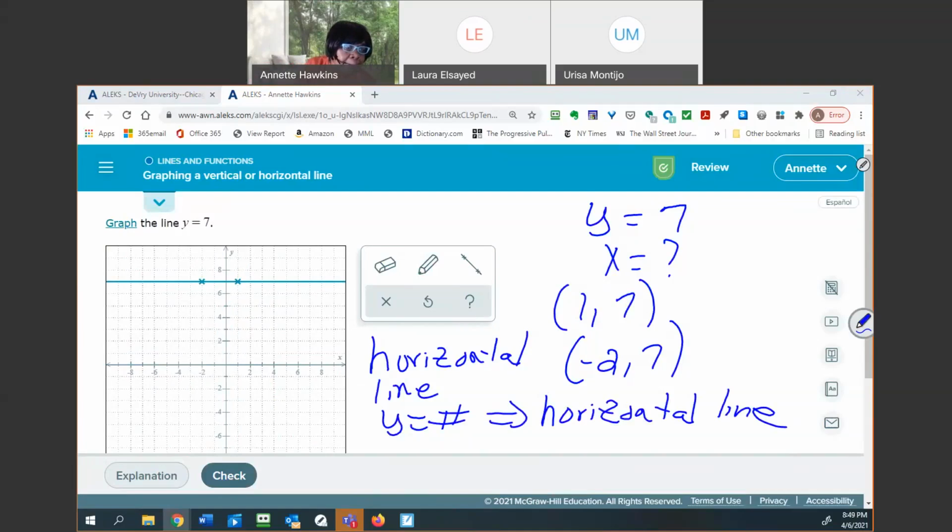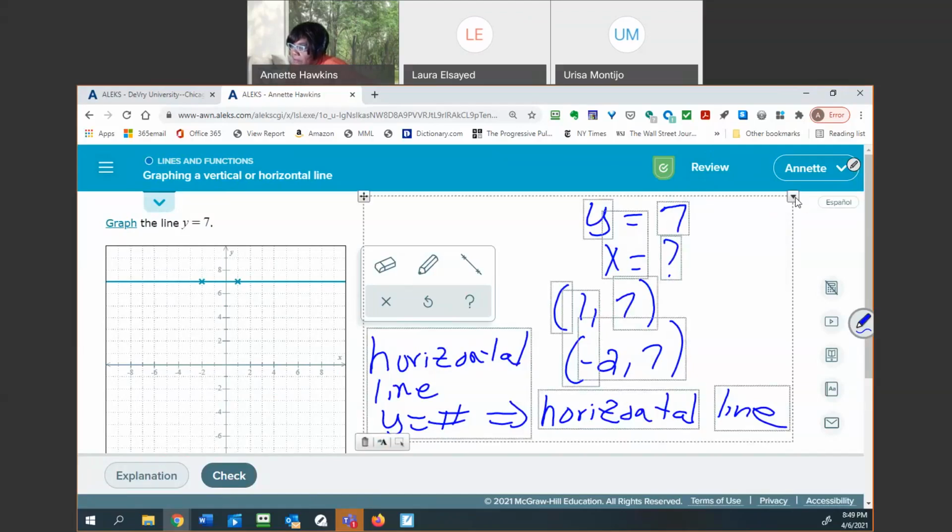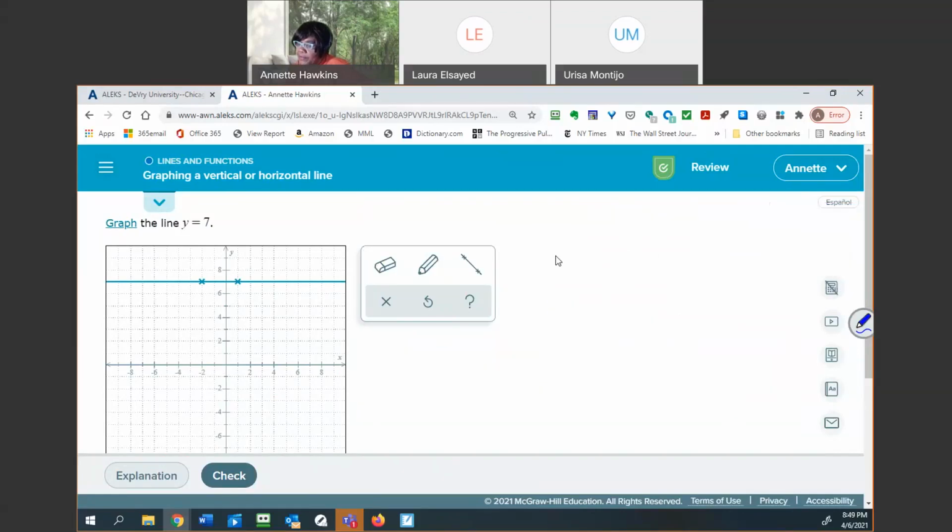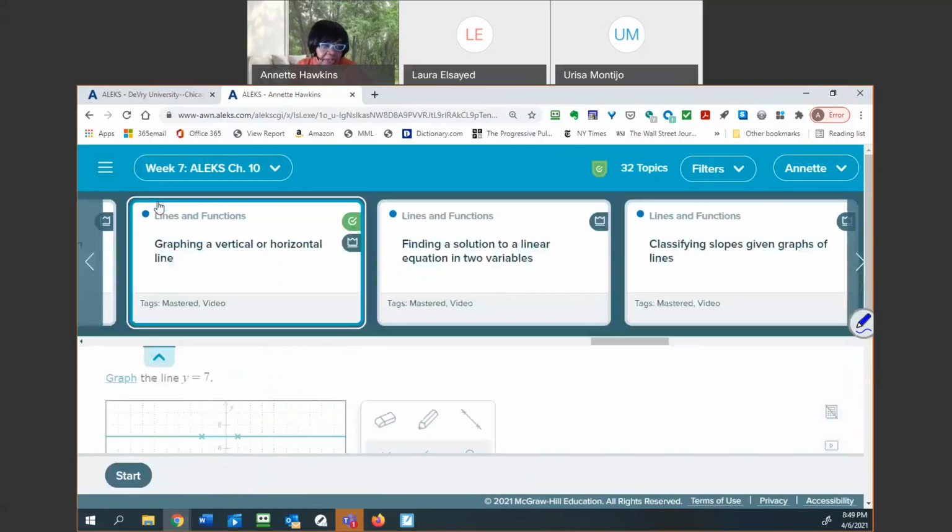All right, let's find the x and y intercepts. So first of all, we need to talk about what we mean by x and y intercepts. Find the x and y intercepts given the graph.